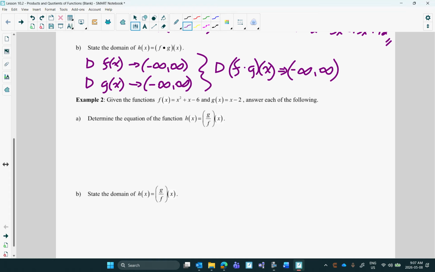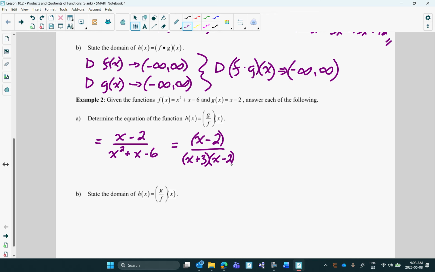So that will give us x minus 2 over x squared plus x minus 6. The question is, can that be simplified? Yes. How? We need to factor the bottom, because then you're going to find x plus 3 times x minus 2.